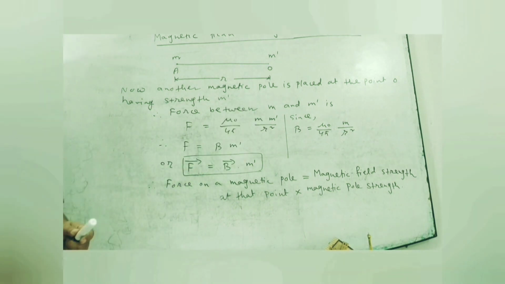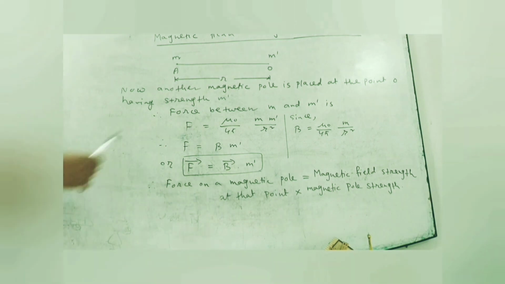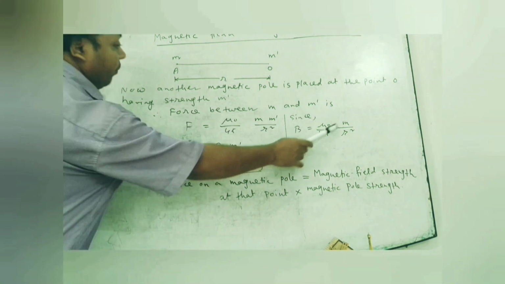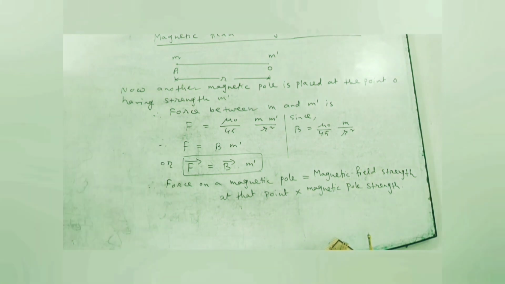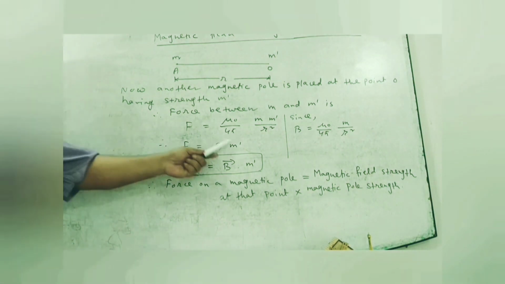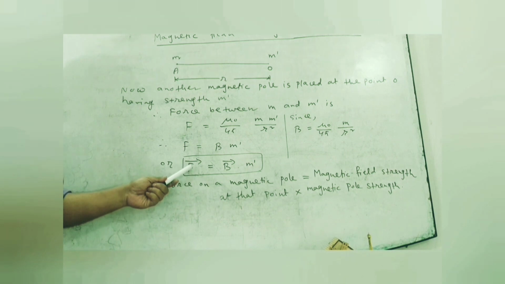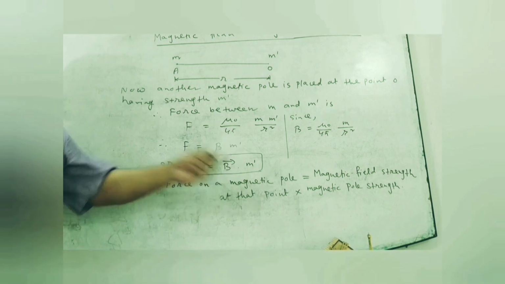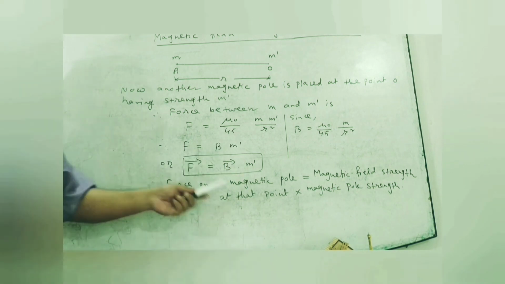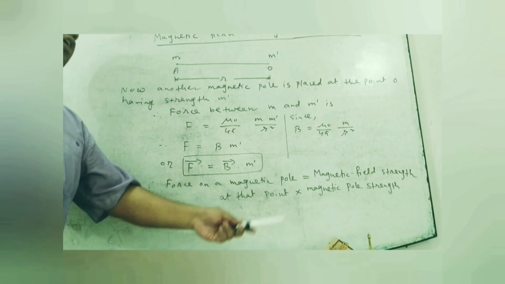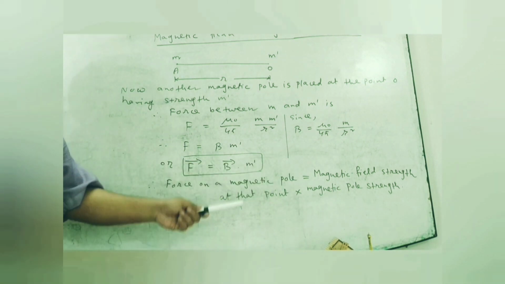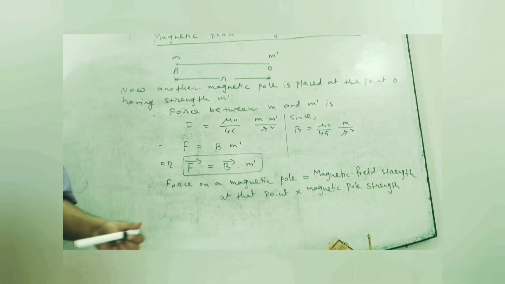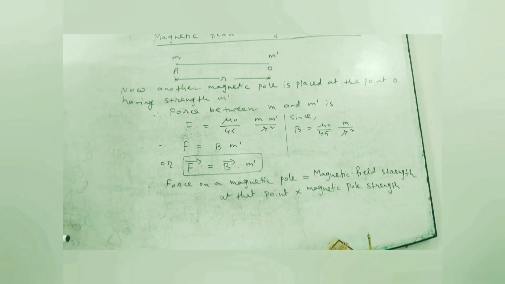You know that B is equal to mu0 by 4 pi m by r square. Therefore, F is equal to B into m prime, or F vector is equal to B vector into m prime. That is, the force on a magnetic pole is equal to the magnetic field strength into the magnetic pole strength. This is the relation between magnetic field strength and force.